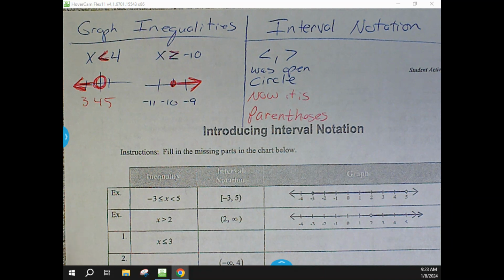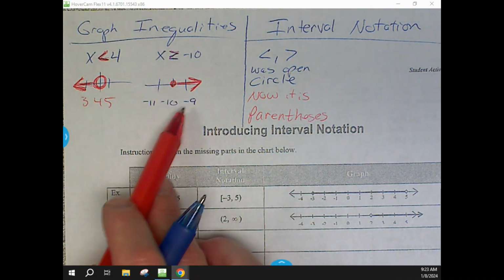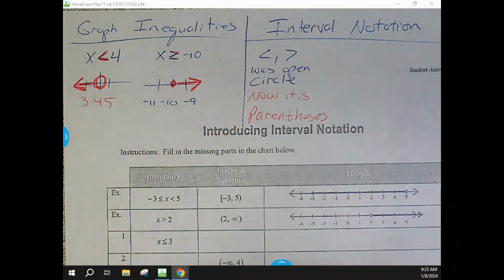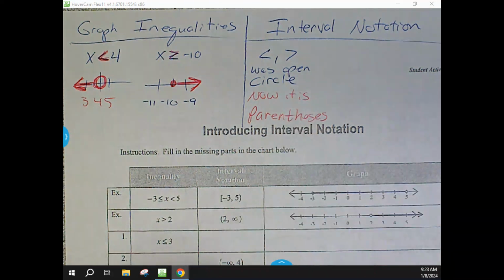Okay. Now, graph-wise, it's still going to look the same thing because it's probably going to be like a 3-part process. They're going to give you an inequality. They're going to ask you to graph it. And then we're going to use the graph to then talk about what it's going to be in interval notation. So whenever we see the open circles that we had here on a graph, that's when we're now going to use parentheses.